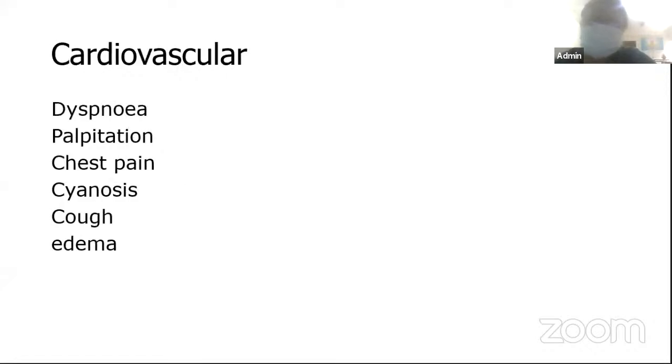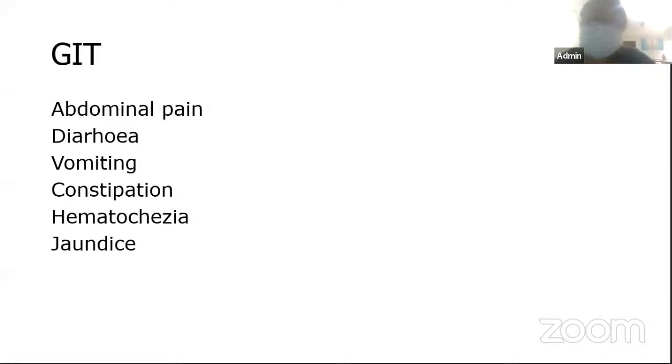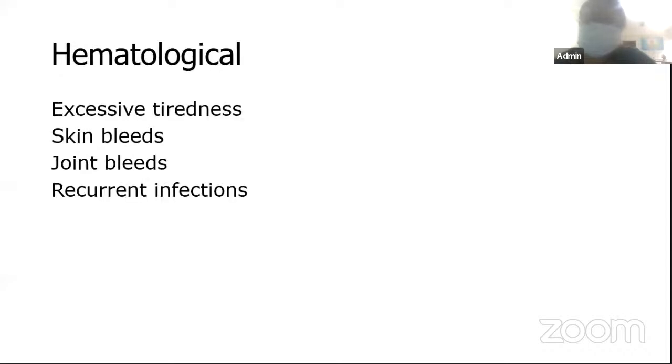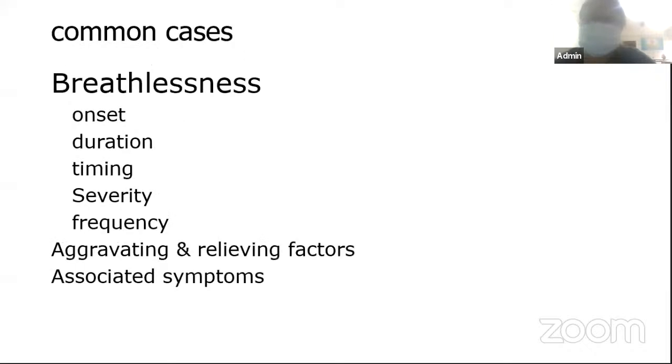Cardiovascular: the main symptoms are dyspnea, palpitation, chest pain, cyanosis, cough, or edema. Gastrointestinal tract: abdominal pain, diarrhea, vomiting, constipation, hematemesis, jaundice. Central nervous system: seizure, paralysis, altered sensorium, focal deficit, headache, vomiting. Genitourinary system: dysuria, hematuria, or edema. Hematological system: excessive tiredness, skin bleeds, joint bleeds, or recurrent infection.